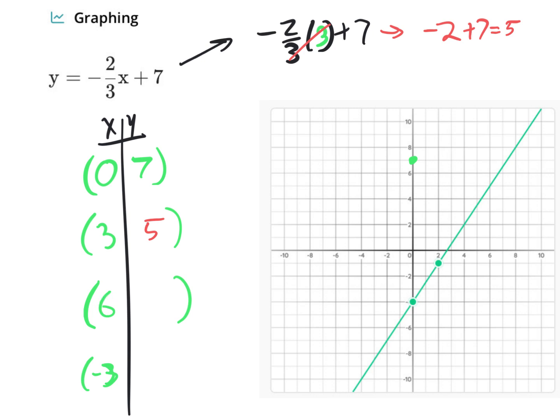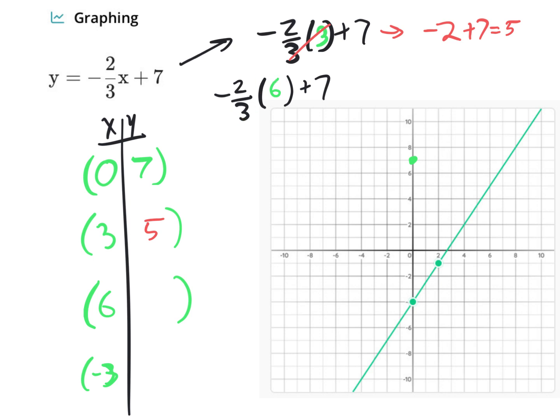How about when I plug in a 6? Well, let me rewrite this right here: negative 2/3 times 6 instead of x, and then plus 7. So this also works out beautifully because I could multiply, then divide, or I could divide first and then multiply.